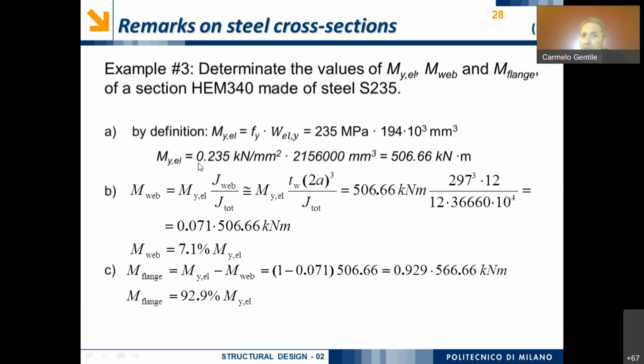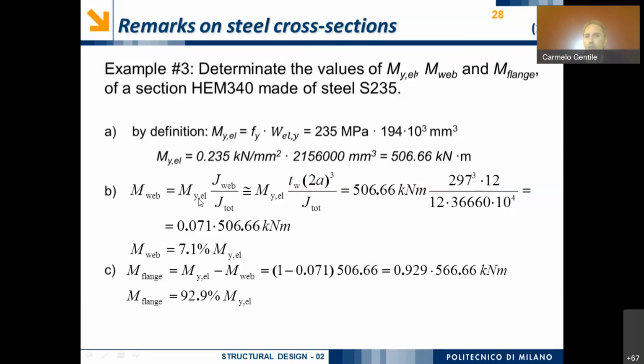If I do this, I will have, for example, 0.235 kilonewton per square millimeter times this number, and I will obtain 506.66 kilonewton meter, okay? So I will also pass from millimeter to meter. Afterwards, I would like to evaluate the part of the yielding bending moment which is carried by the web.